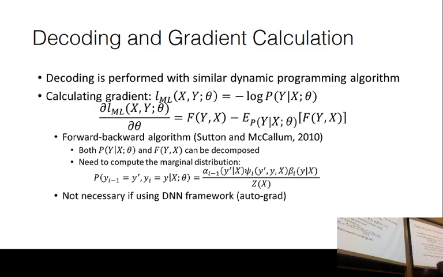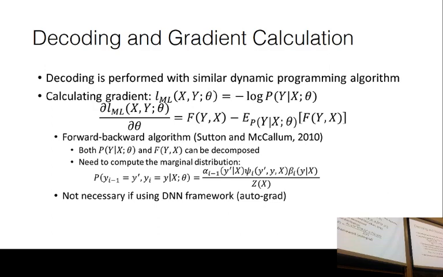So again, the forward pass for every state will give us these alphas, all of the probability mass that ended up in that state. The backward pass will tell us, as we go back, all of the probability mass that started from that state. Right? So basically, what we want is all the probability that flows through this transition.